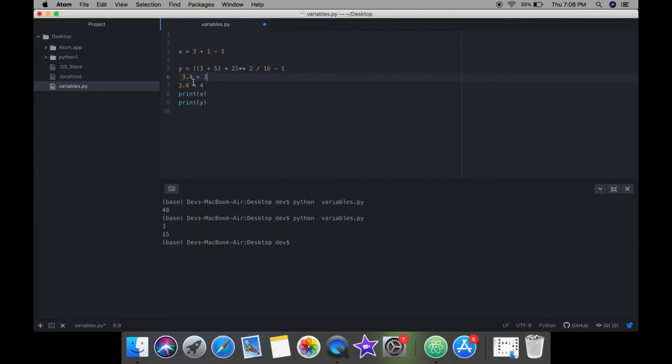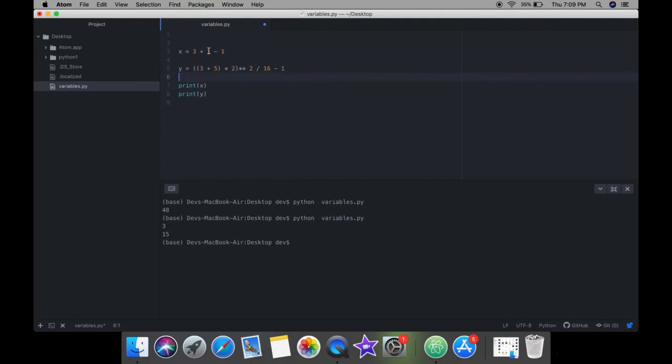If it is lower than 5, then the output will be the same. And if it is exactly 5, then it will focus on the term that is before it. If the term is odd, then it will increase by 1, and if the term is even, then it will remain the same. Like it is 3.5, 3 is odd, so it will become 4. That's the round off terms.